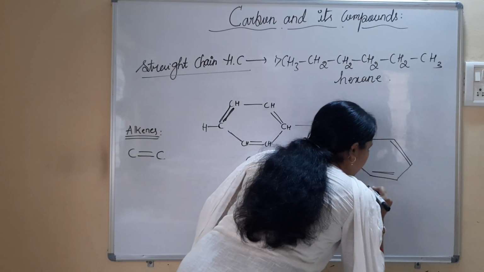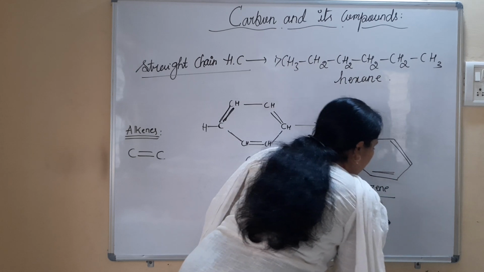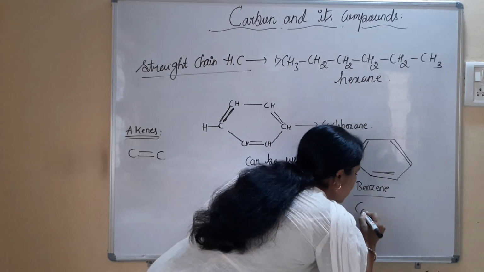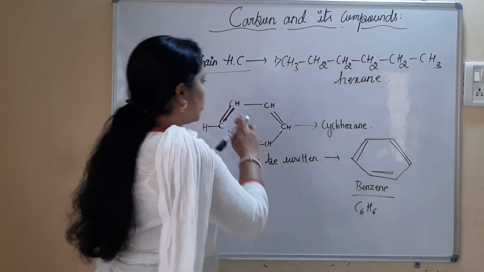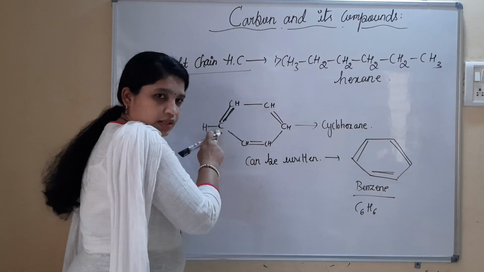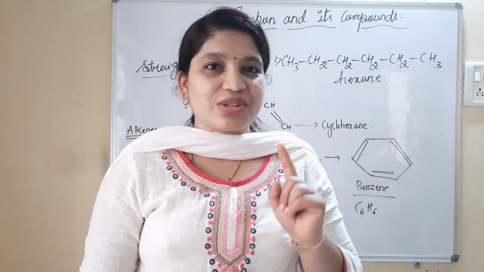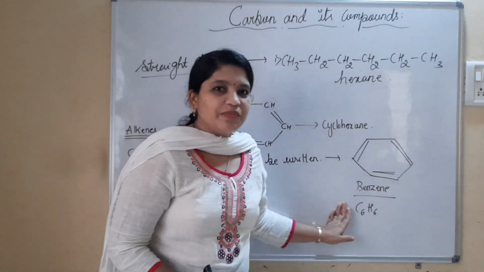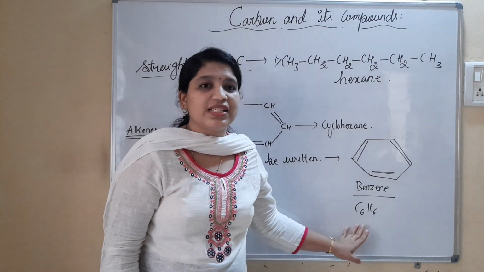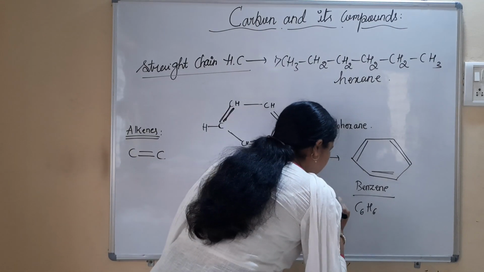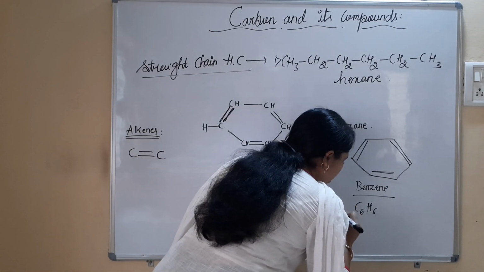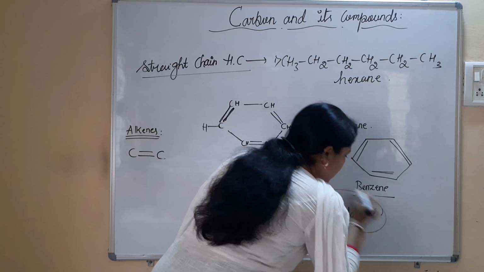It is referred to as benzene. Benzene has the formula C6H6. Can you see? 1, 2, 3, 4, 5, 6. And similarly, for each carbon, one hydrogen atom is present. Benzene formula, you know, C6H6. This is referred to as the molecular formula for benzene.